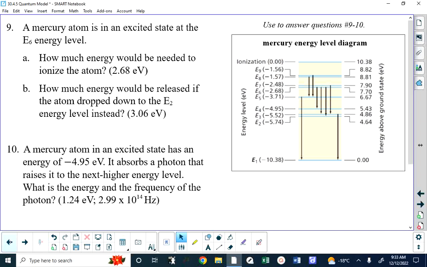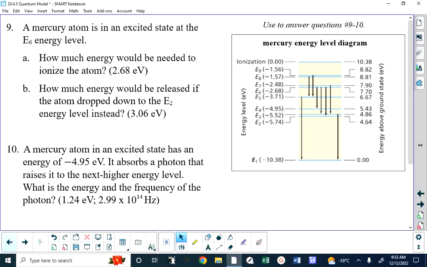I can say the electron is in the E4 state, or I can say the atom is in the E4 state. When I say the atom is in the E4 state, I'm just telling you where the electron is in the atom. It absorbs a photon so that it rises to the next highest energy level. And the next highest energy level, looking at that diagram, is E5, which is negative 3.71 eV.